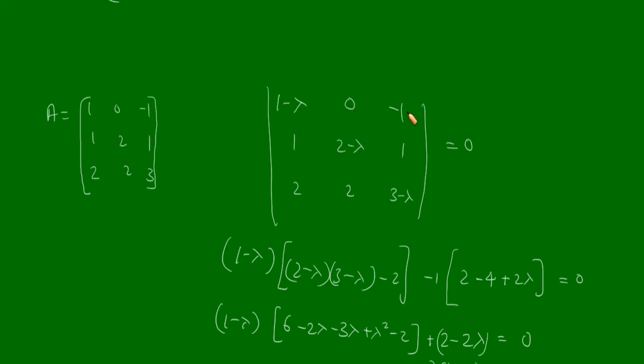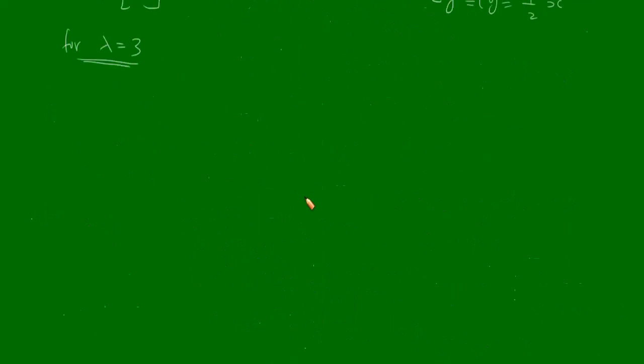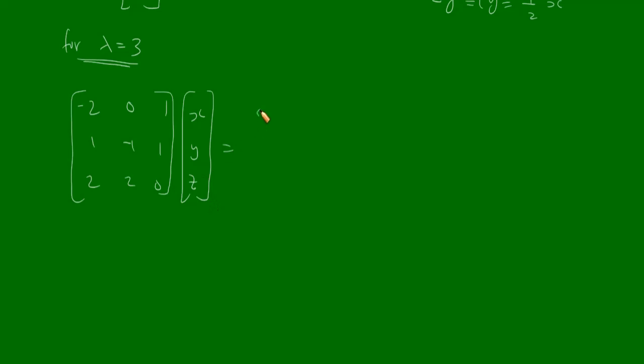So for lambda equal to 3, our equation will be the matrix [-2, 0, -1; 1, -1, 1; 2, 2, 0] times xyz equal to 0.